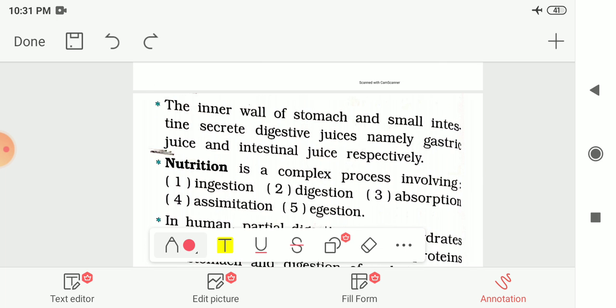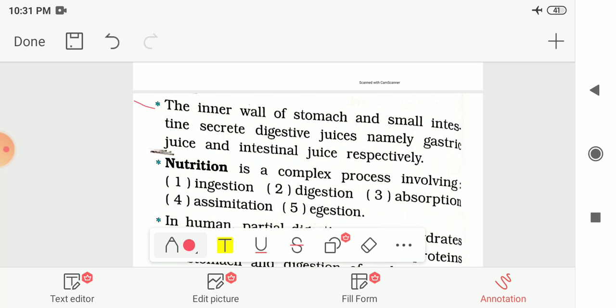The inner wall of the stomach and the small intestine secrete the digestive juices, namely gastric juice and intestinal juice respectively. The inner wall of our stomach secretes the gastric juice, and the small intestine secretes the intestinal juice.